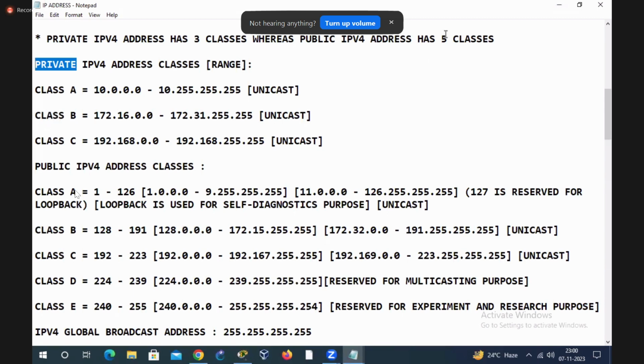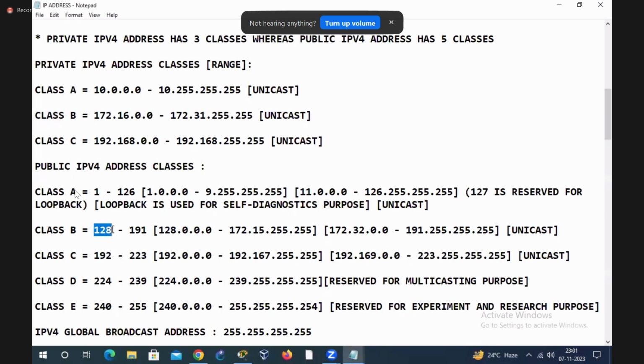Sir, one more question. One confusion in Class B: how is the subnetting converting to the 128 to 191 range? How does it come to 128.0.0 to 172.115.0?